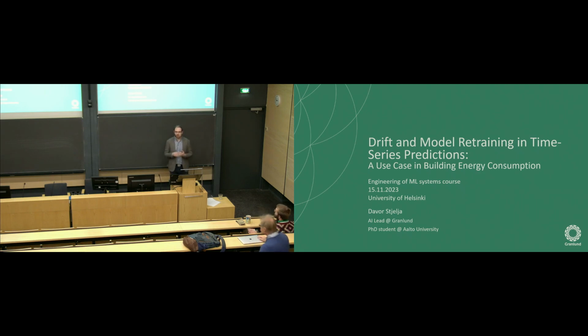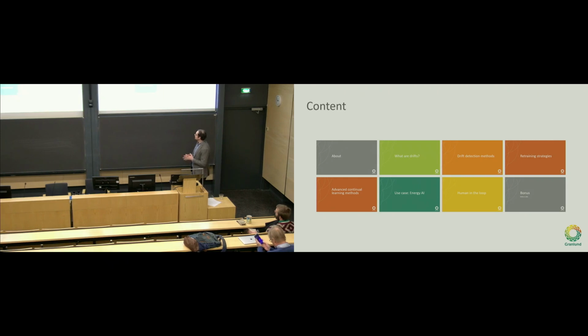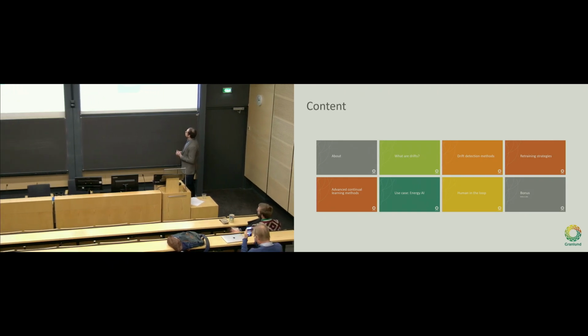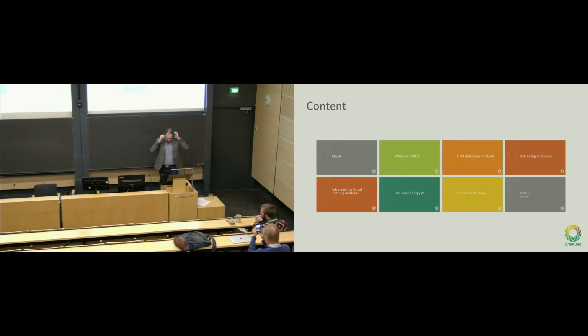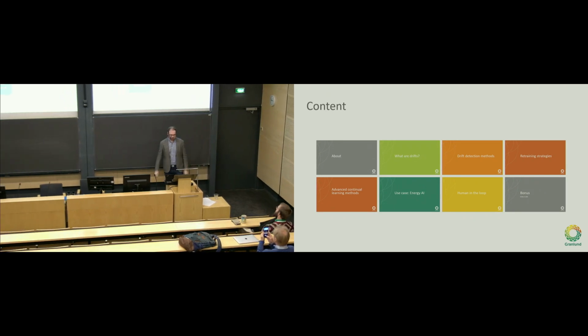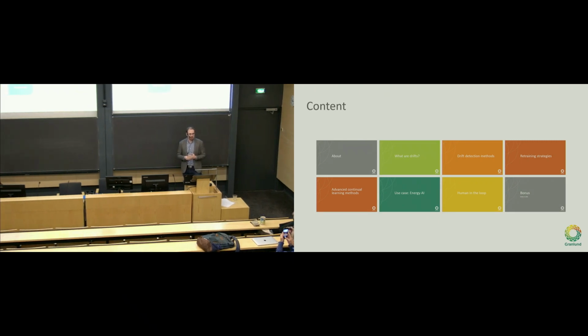And I'll show one use case relating to building energy consumption. So basically I'll tell you what drifts are, what some potential drift detection methods are, retraining strategies once you detect the drift, and also advanced continual learning methods.